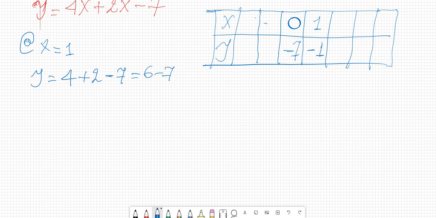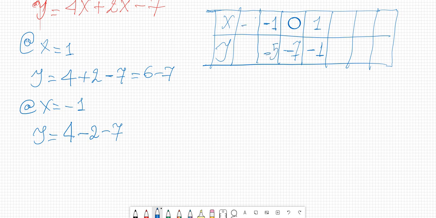So when x is equal to negative 1, y is equal to 4 times 1, which is 4, minus 2 minus 7, so 4 minus 9 is negative 5.